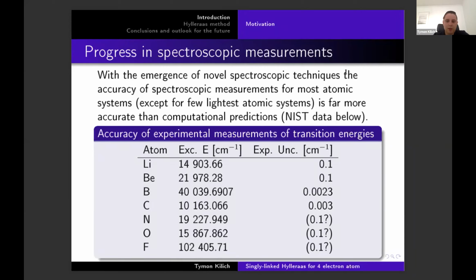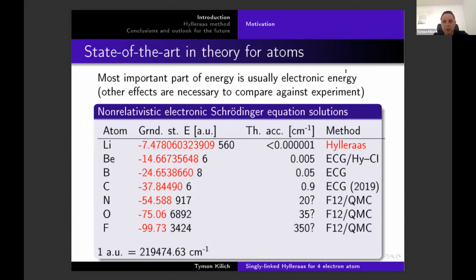And if we take a look at the state of the art in the theory for atoms, the situation is obviously quite different, because with growing size of the system, the accuracy deteriorates quite quickly. So as we can see, I'm showing here only the non-relativistic energy, so the Schrödinger equation basically.